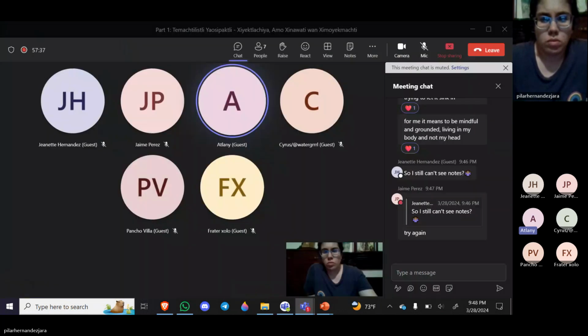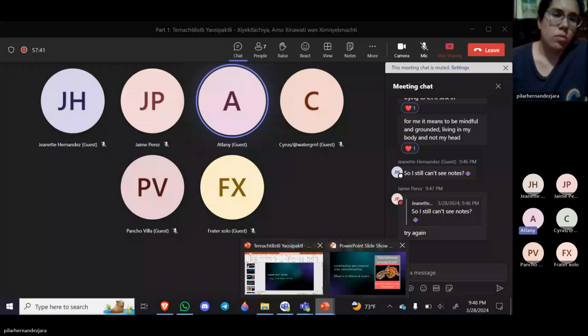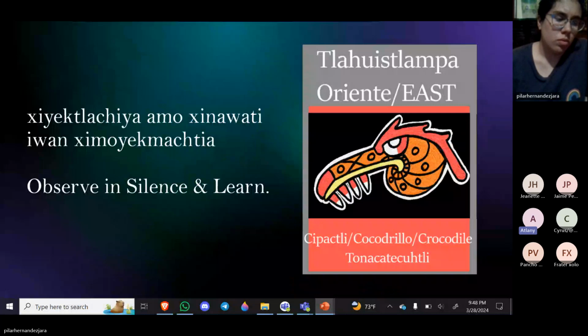The way that I do it myself is the way that the Temachtilli suggested it or taught it to us, which is by looking for a particular place where we feel comfortable and just spend some time in silence, looking at our surroundings and essentially trying to make that connection with ourselves by trying to achieve quieting the mind. Anything you want to add to that, Nitsin Pilar?